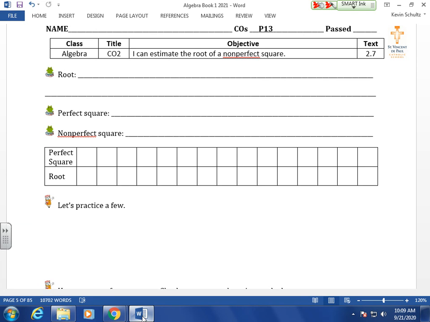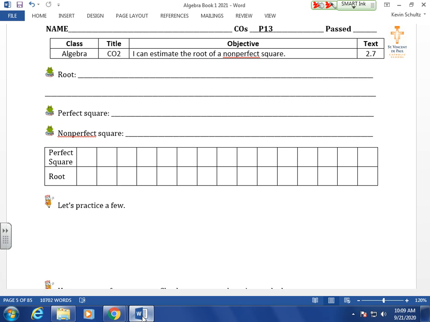So when we talk about roots or radicals, what are we talking about? What is a root? How would you define it? A number that times by itself equals a different number. Okay, good.